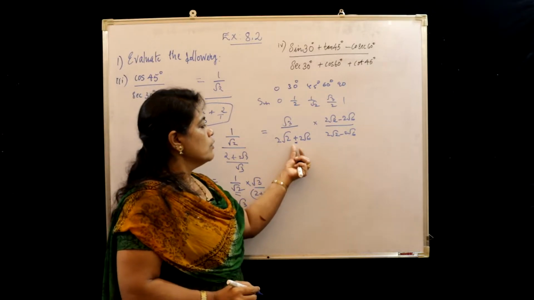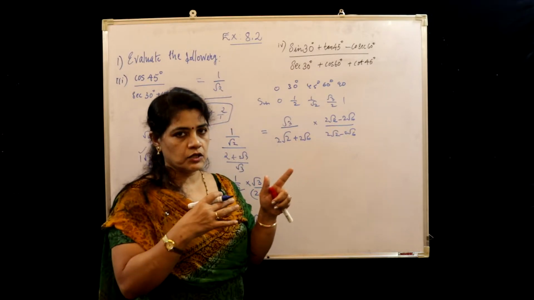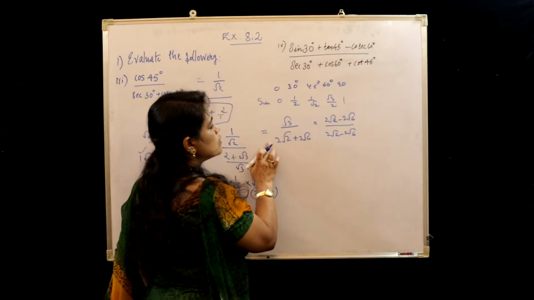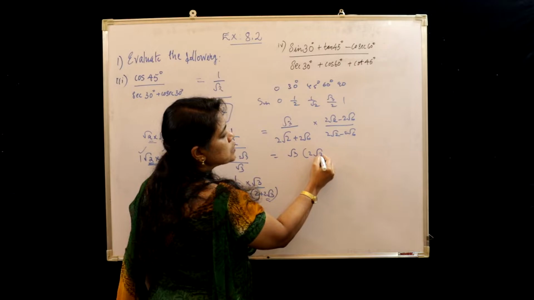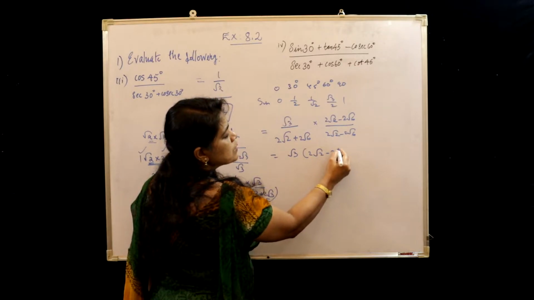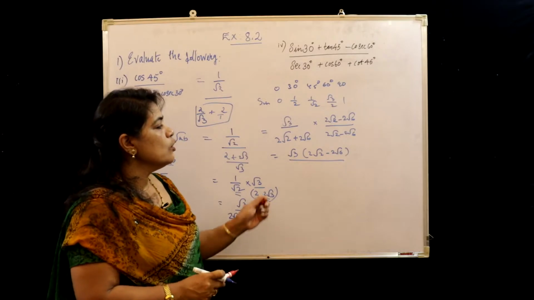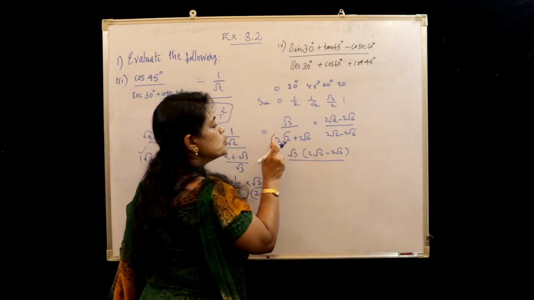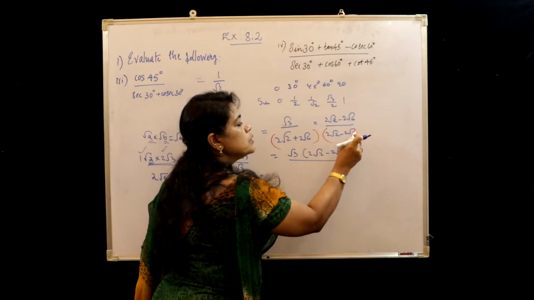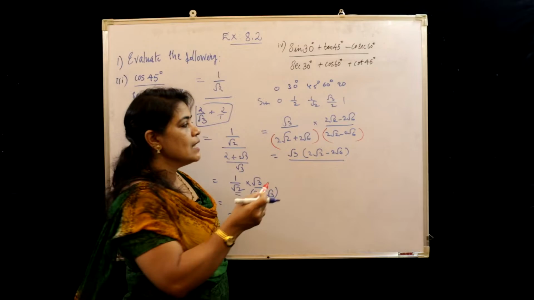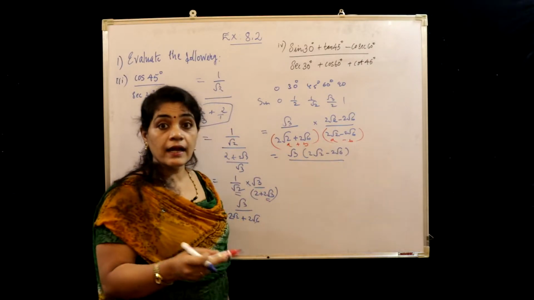Again we have two fractions for multiplication, so multiply numerator and denominator. So root 3 into 2 root 2 minus 2 root 6 divided by, see children, in the denominator we have 2 root 2 plus 2 root 6 into 2 root 2 minus 2 root 6, that is the a plus b, a minus b identity.